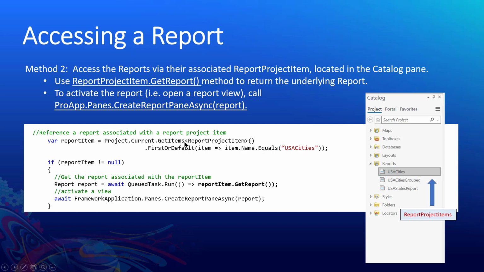It is a templated type, so I'm specifying ReportProjectItem as the type. I find the specific report I'm interested in using a simple LINQ expression. I then use the GetReport method on this report project item to retrieve my report. To open the report in Pro, I'm calling the CreateReportPaneAsync method and passing in the report object. This opens the report in a report view and makes it active.